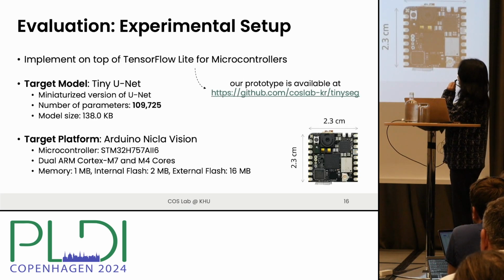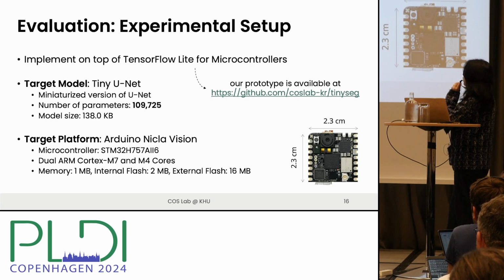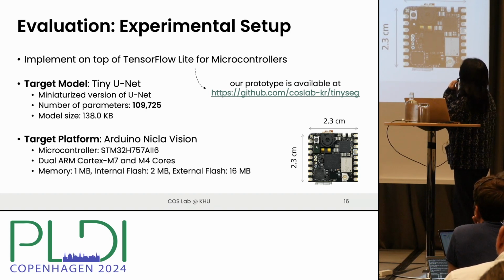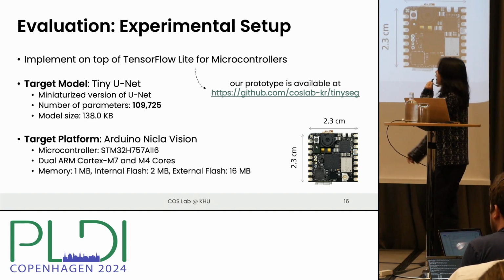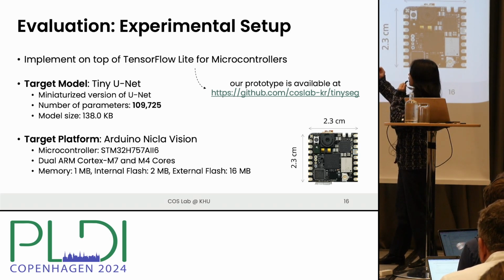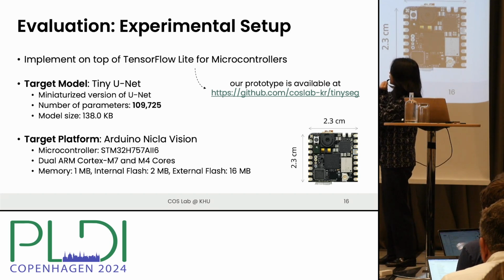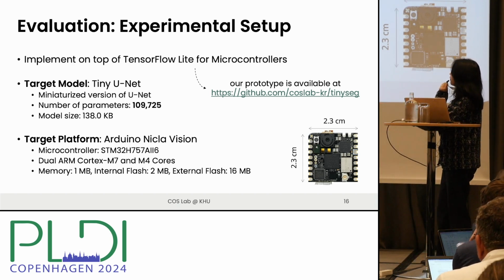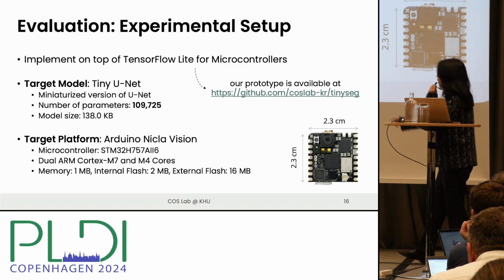So for evaluation, we implemented our prototype framework on top of TensorFlow Lite for Microcontrollers, and our implementation is available at our GitHub repository. To test image segmentation on tiny embedded systems, we created a tiny U-Net model which has 100,000 parameters.